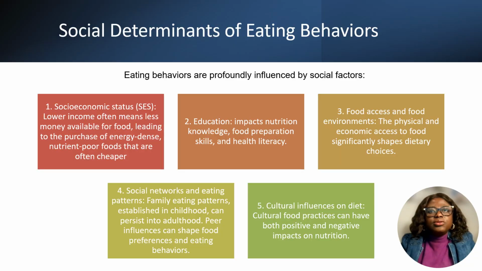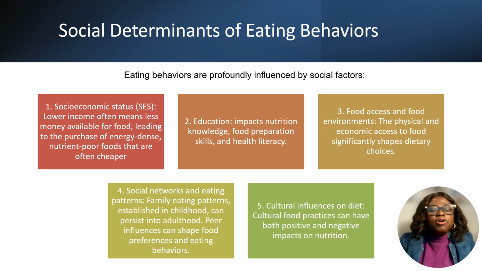Okay, so just to review and put it all together, again, the relationship between social determinants and eating behaviors. As we have highlighted, our eating behaviors are really influenced by our social factors.